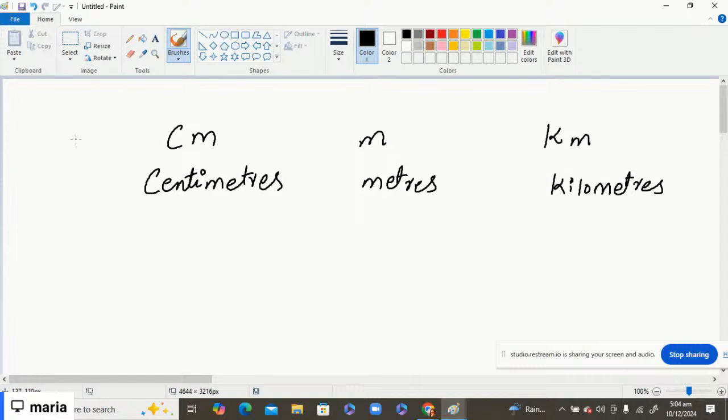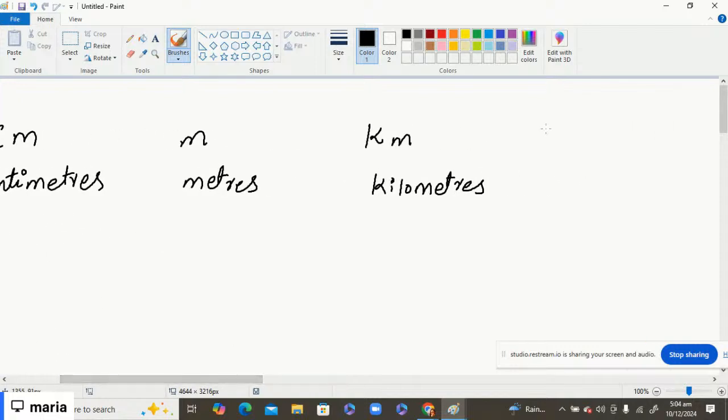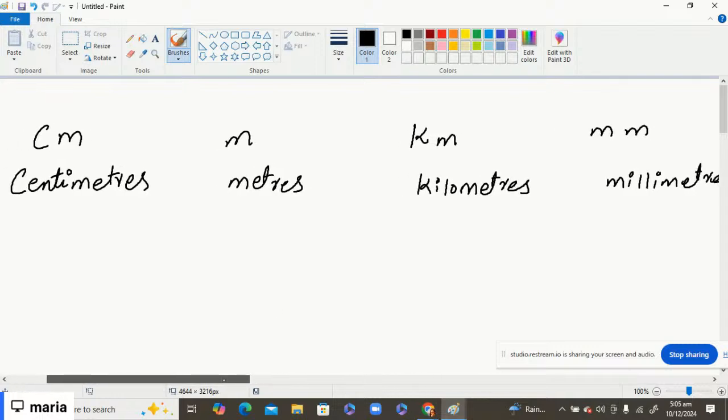And then millimeter, which is mm. These are all the units. So remember, the metric units of length are millimeters, meters, kilometers and centimeters. There are a lot of units of length, but mostly we use centimeters, meters, kilometers and millimeters.